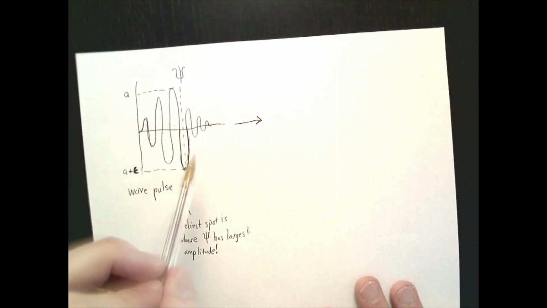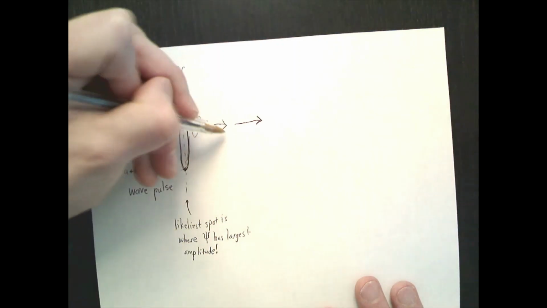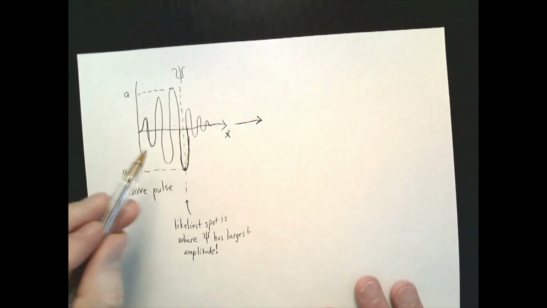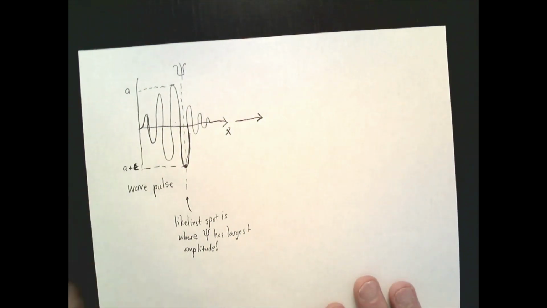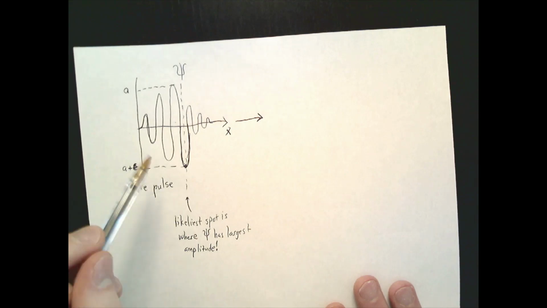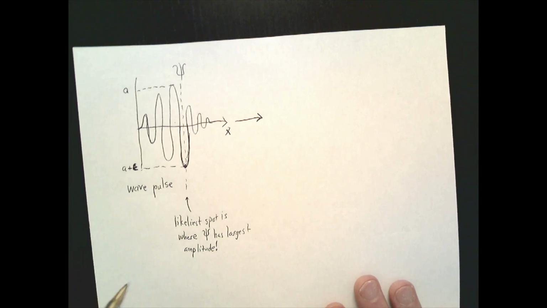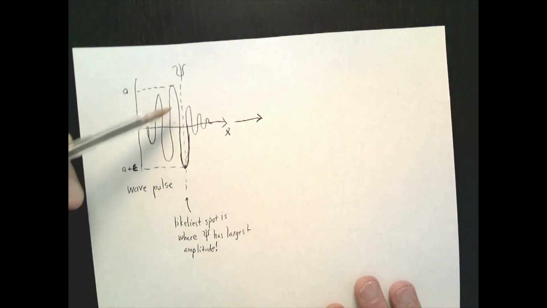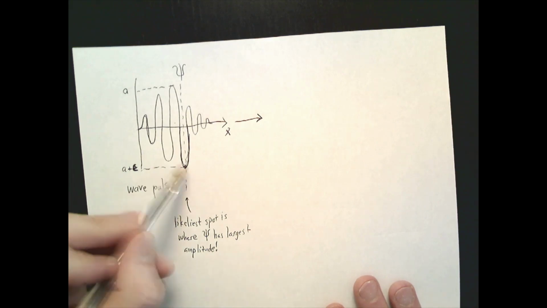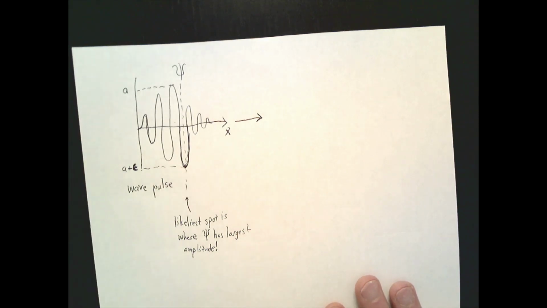It doesn't matter anything in this x direction on this horizontal axis. It doesn't matter how scrunched or compact this function is. This is a lot more compact and complicated than the functions we saw earlier. All that matters is the amplitude. So when you're looking at a complicated wave function, really you just want to look for the largest amplitude, and that is where the particle will be found the most likely.